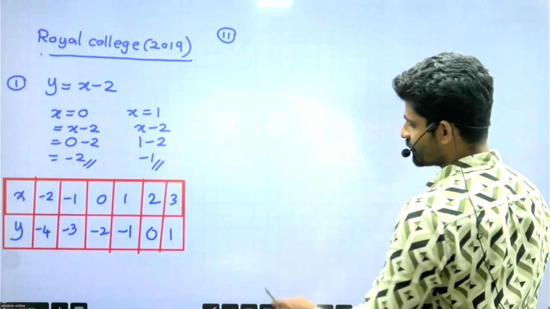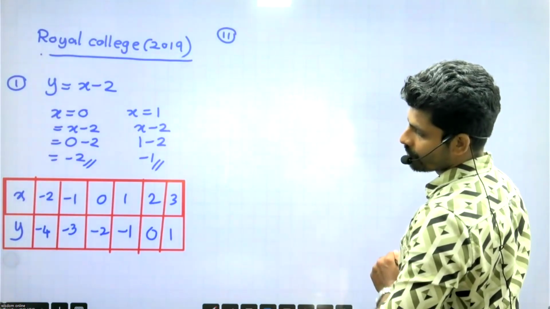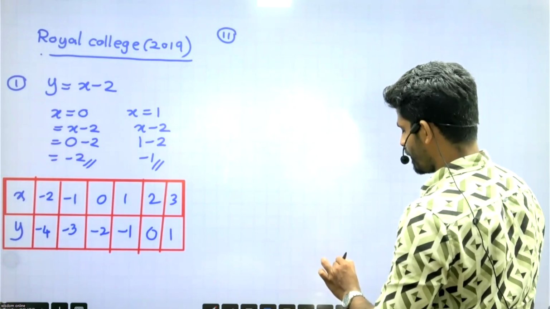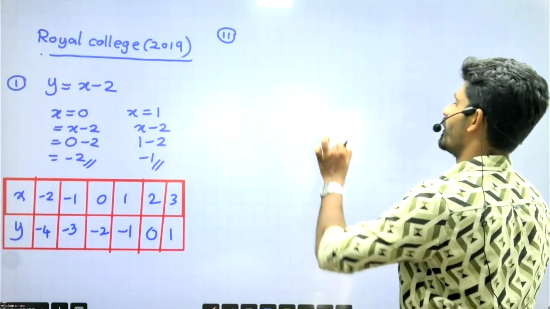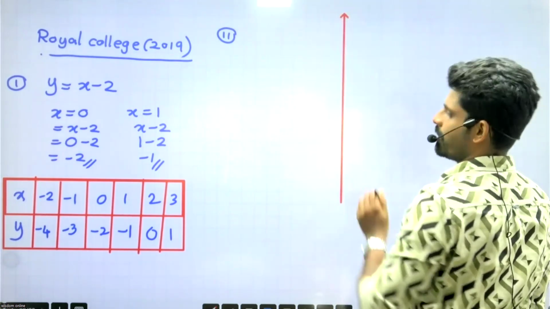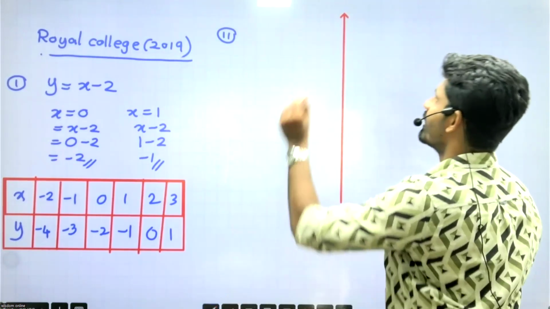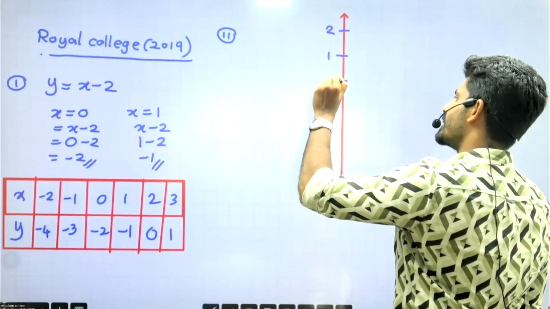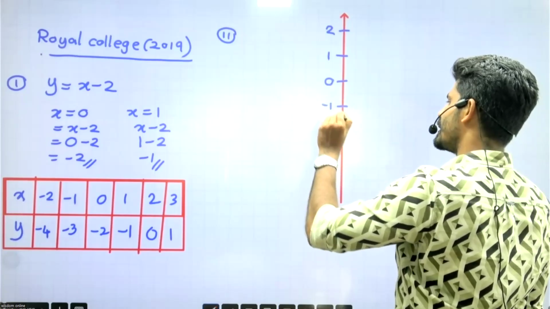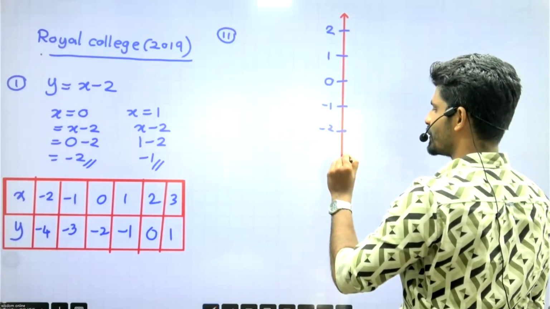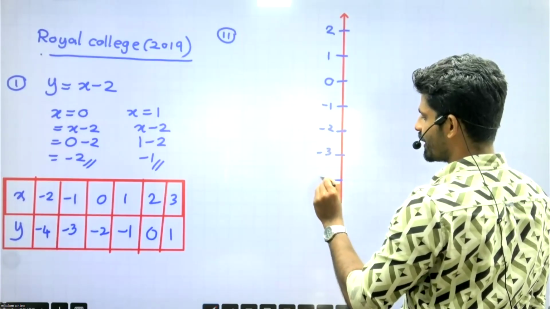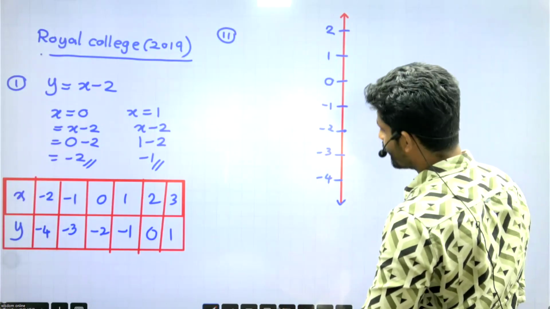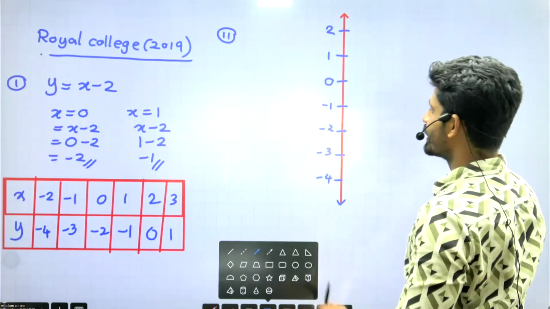Then 2, 1, 0, negative 1, negative 2, negative 3, negative 4, then negative 5.